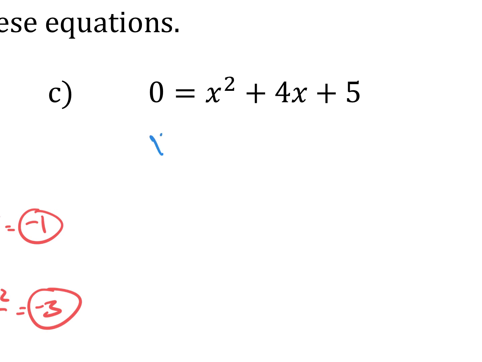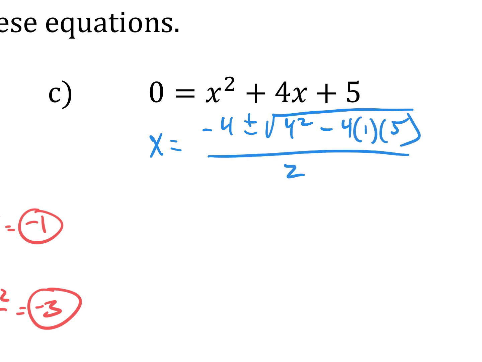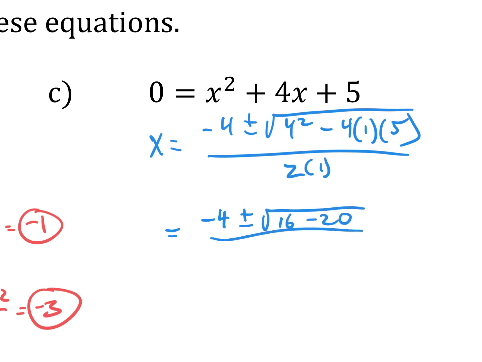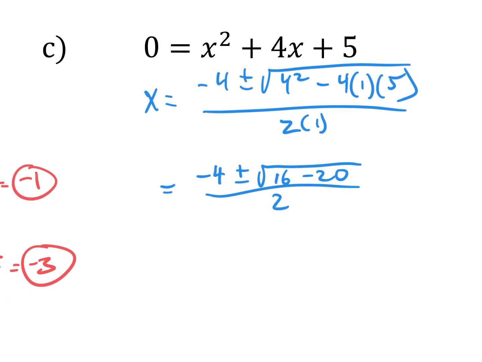And let's try this one. Using our quadratic formula, x equals negative b plus or minus the square root of b squared minus 4ac, all over 2a. Now you might be recognizing a pattern here, some similarities and some differences. Here we have negative 4 plus or minus the square root of 16 minus 20. And what happens under the radical? It's going to give us a negative number, negative 4, all over 2.